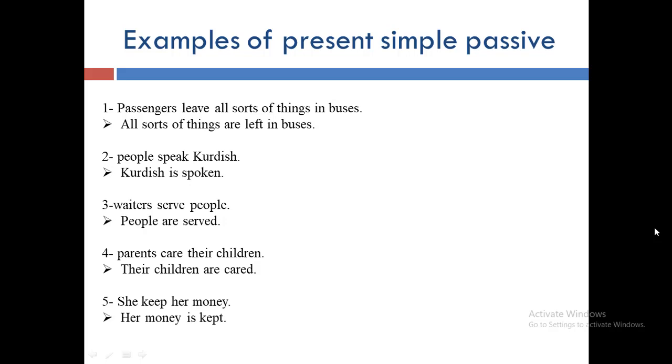Okay, passengers leave all sorts of things in buses. Passengers is the subject, leave is a verb, all sorts of things is an object, and in buses is just a complement. We said that when it is about places, or let's say about time, we just rewrite it in the passive voice because they are just like complements and they don't have any effect on the sentence.